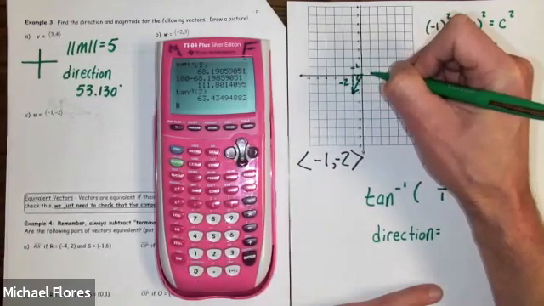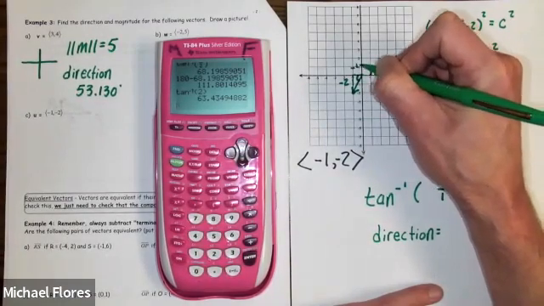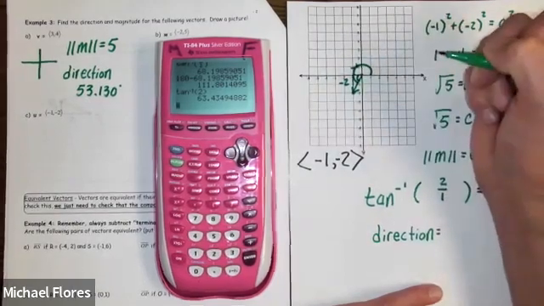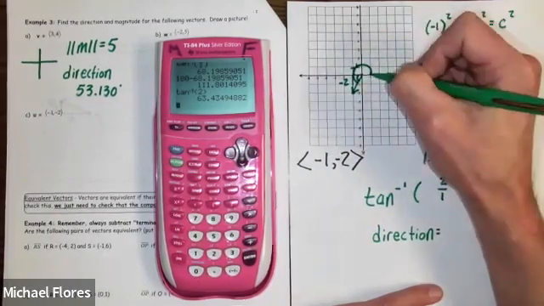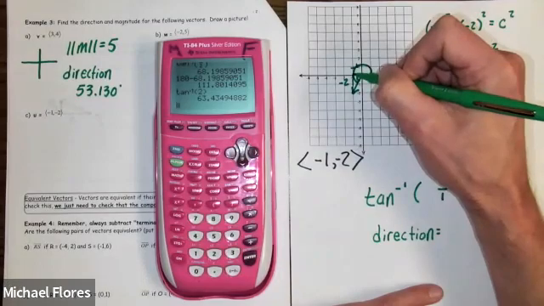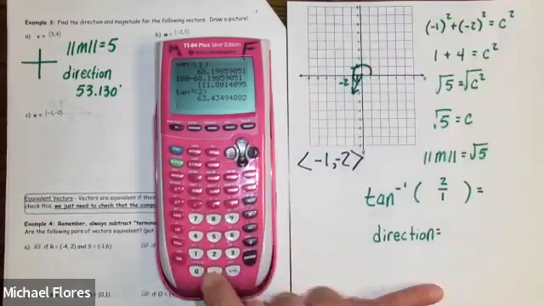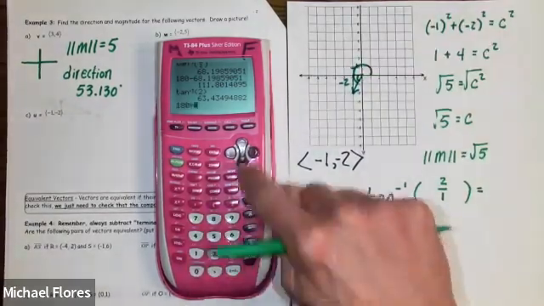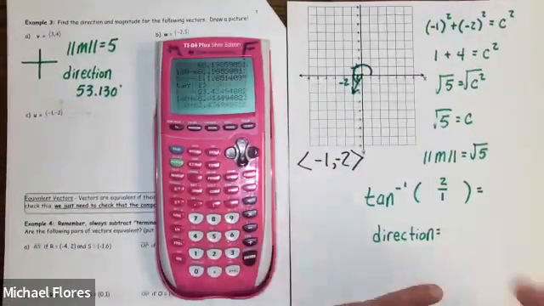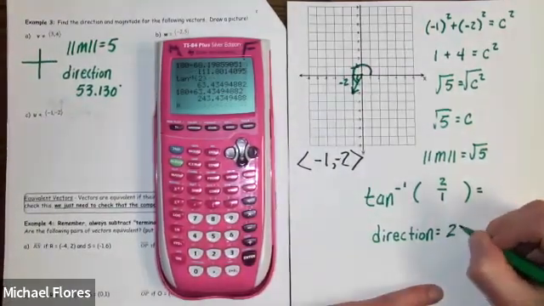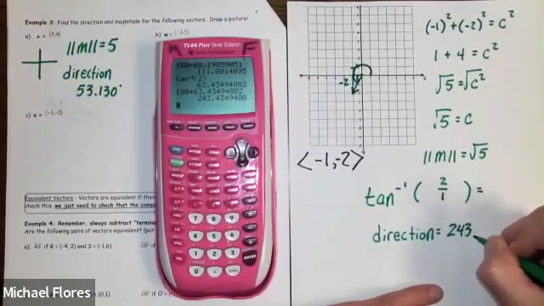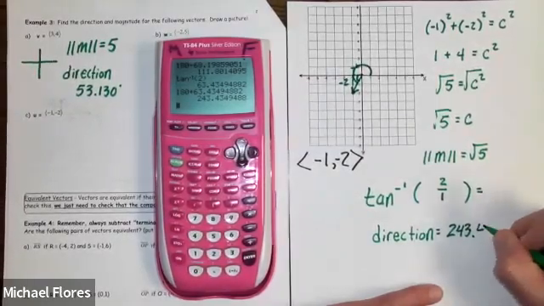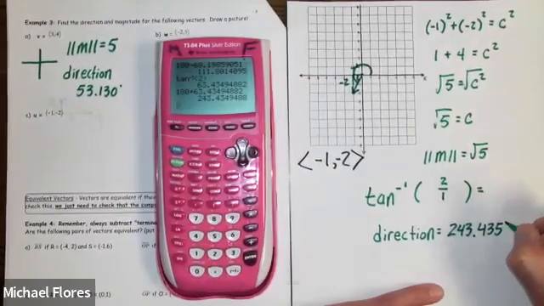It helps solve the problem. We need this direction here. In order to do that, we would need to do 180 degrees plus this amount that we just solved for. So we have a direction of 243.435 degrees.